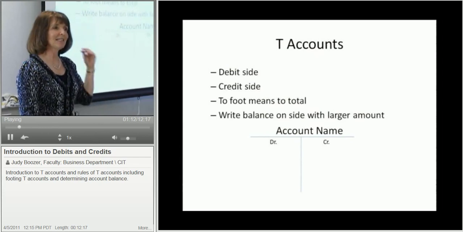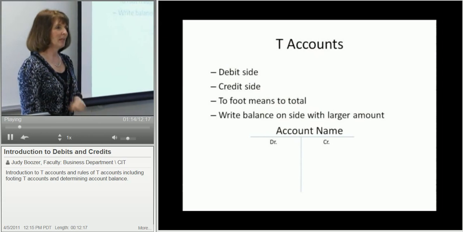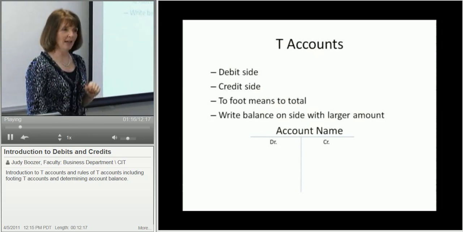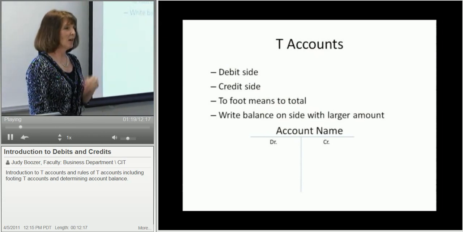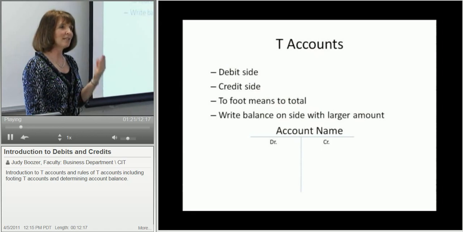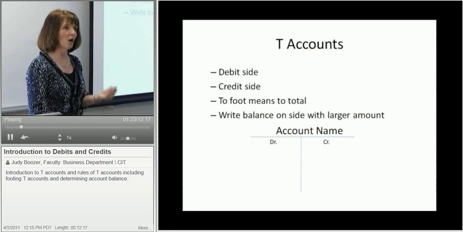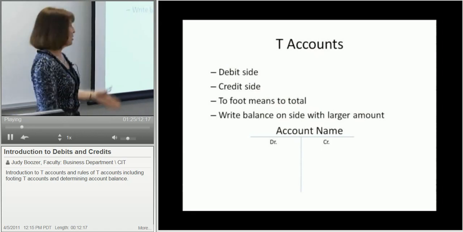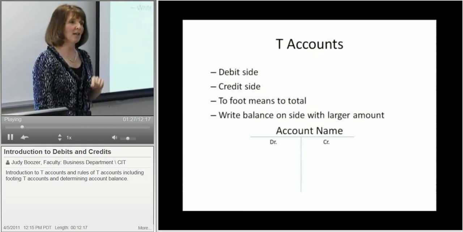Left side, debit. Right side of all accounts is the credit side. Right side, always credit for all accounts. So left side debit, right side credit.